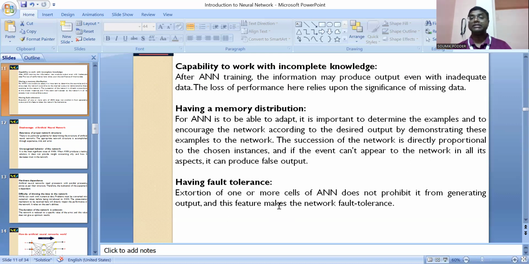If I have incomplete data, by using multiple hidden layers we can easily create many combinations, from which we can produce less loss and provide better prediction. It has memory distribution, because of the feedback connection, which I will discuss. It has fault tolerance, which is also useful when the feedback ANN is implemented.